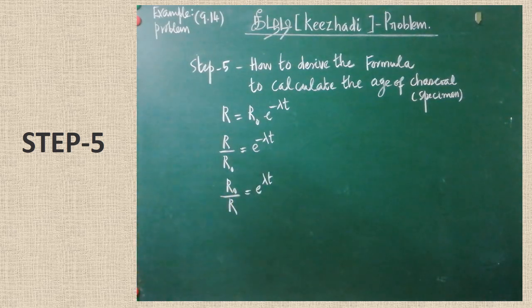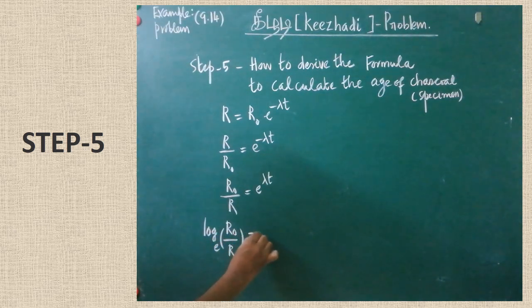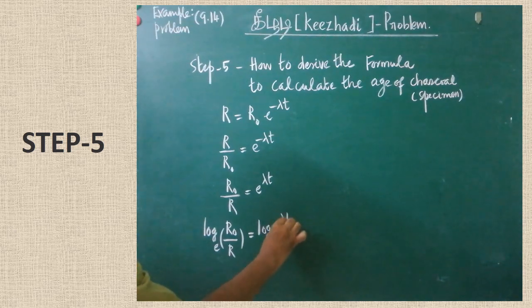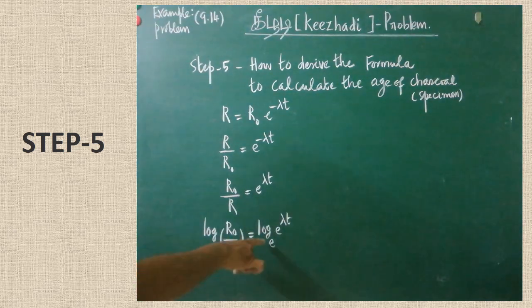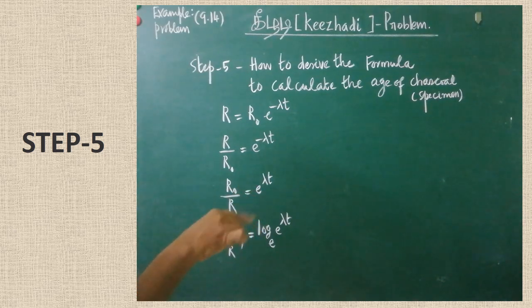Now we have to take log on both sides. Log to the base e of R naught divided by R, written within the bracket, equals log of e power of lambda t. We know very well that log to the base e of e power of lambda t can be simply written as lambda t.